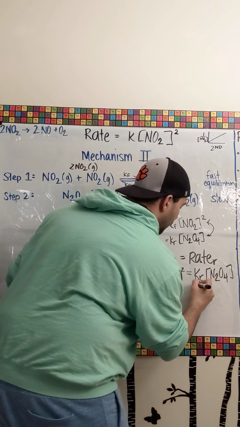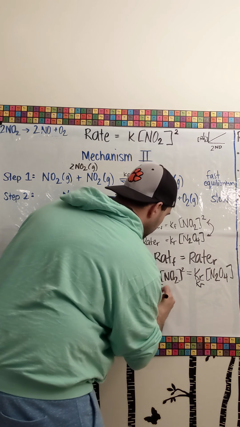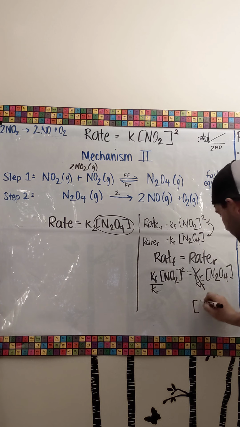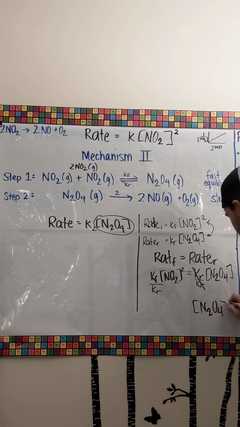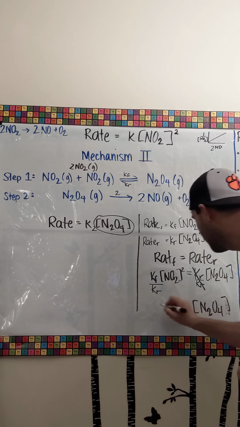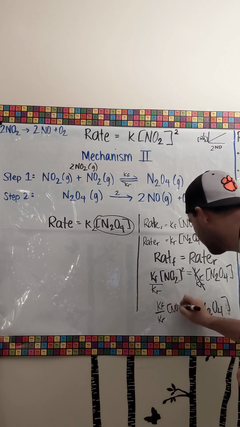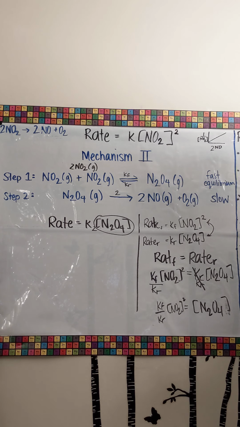or divide both sides by Kr. So if I divide both sides by Kr, these cancel out, and I will get that the brackets N2O4 is equal to Kf over Kr brackets NO2 squared.